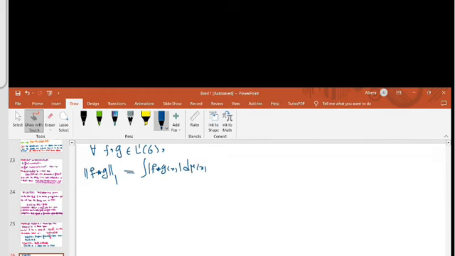Now we can write the definition of convolution. f star g of x equal to this integral, f of y g of y inverse x d mu y. Then we have the d mu of x.